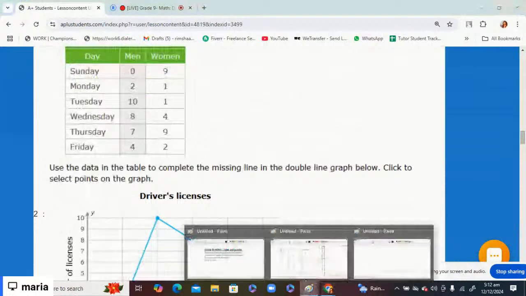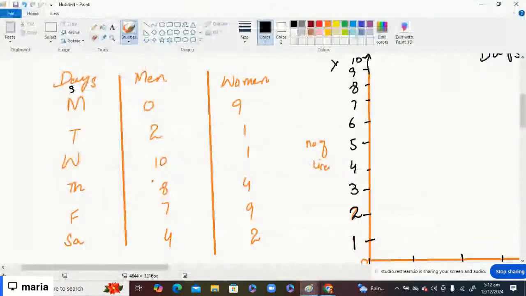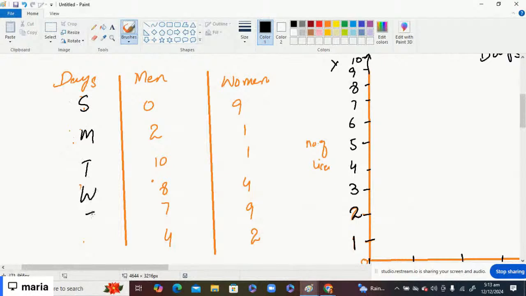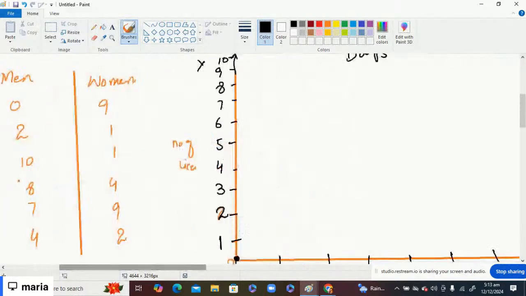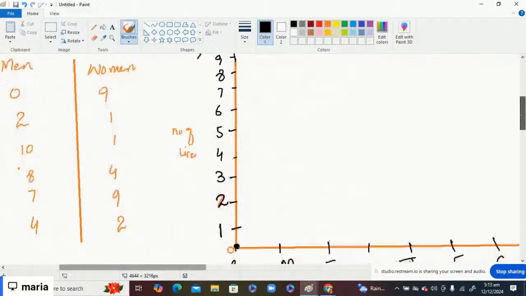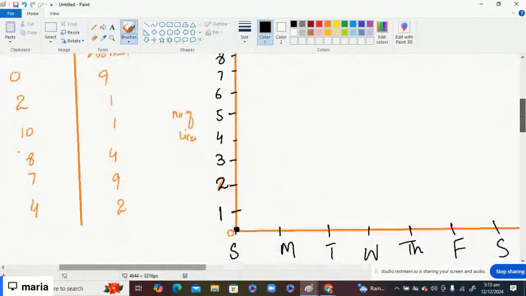Yeah, it's on Sunday. For Sunday, for men it is 0. For women it's 9. Women we are going to draw later. First we are going to draw for the men.